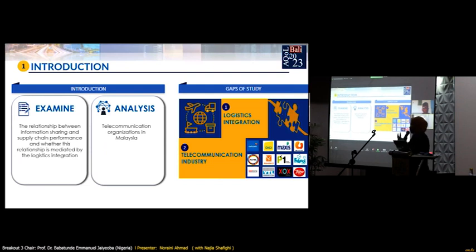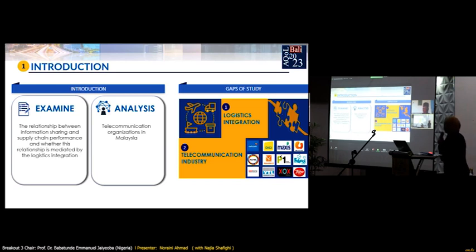Information sharing is part of supply chain management, but we just take this one part and see its relationship with supply chain performance, and whether it is mediated by logistics integration. The analysis was conducted in telecommunications organizations in Malaysia.